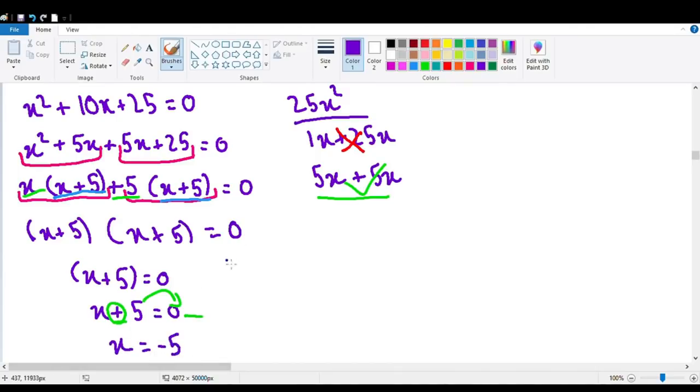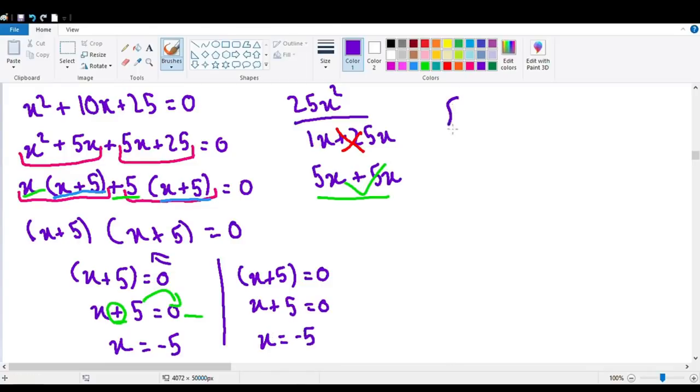We're going to do that once more just so you also get it, for the other value. I have the bracket, and then transfer to the other side, it's going to be minus 5. These are both of our values. They're basically the same, but here's our solution set: minus 5 and minus 5.